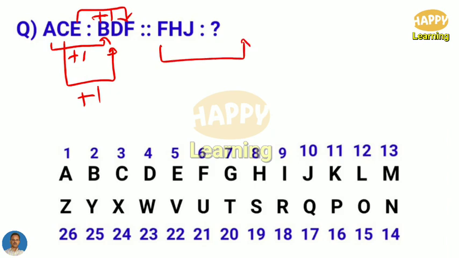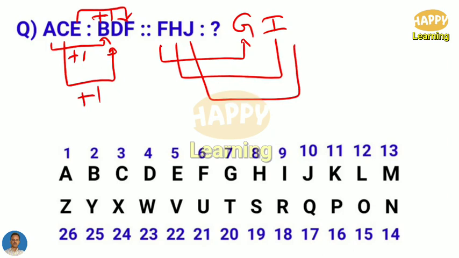After F you will get G, after H you will get I, and after J you will get K. So GIK is the answer. So everywhere plus 1 is done.